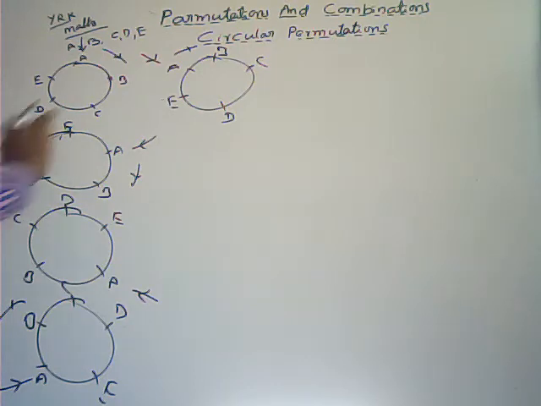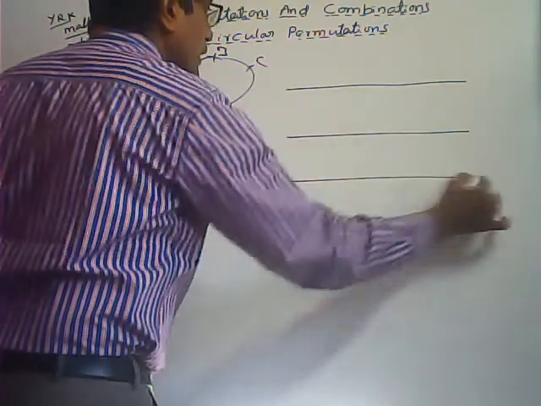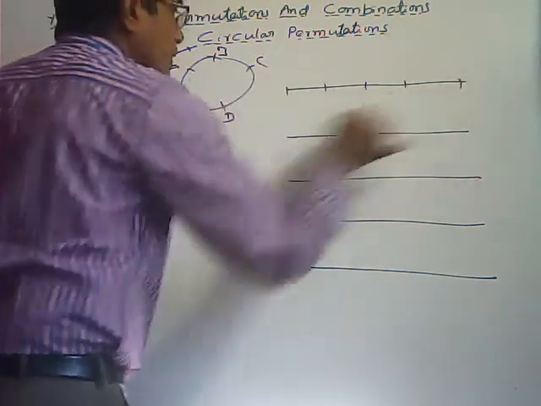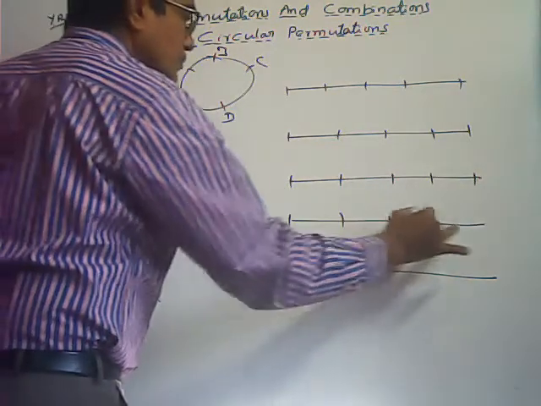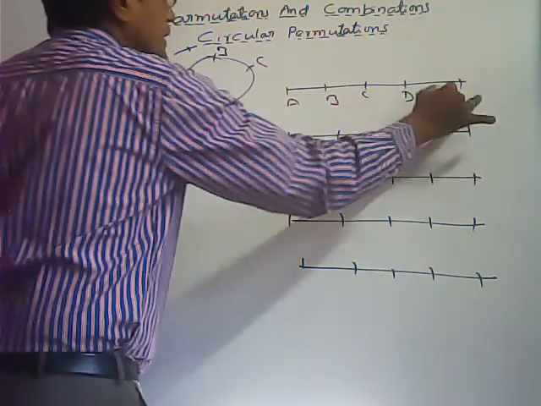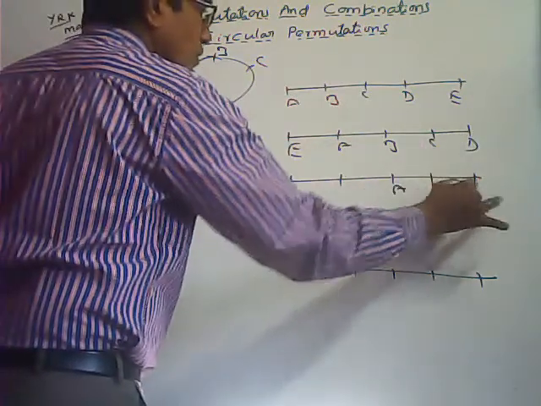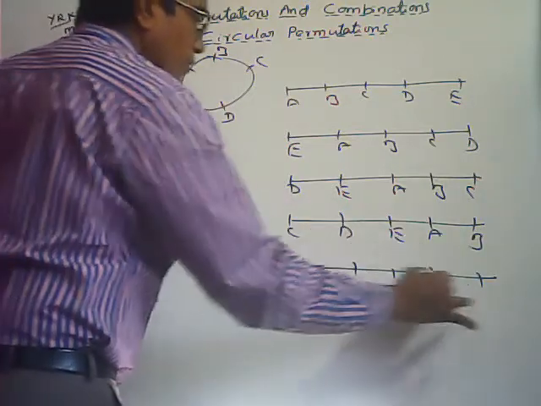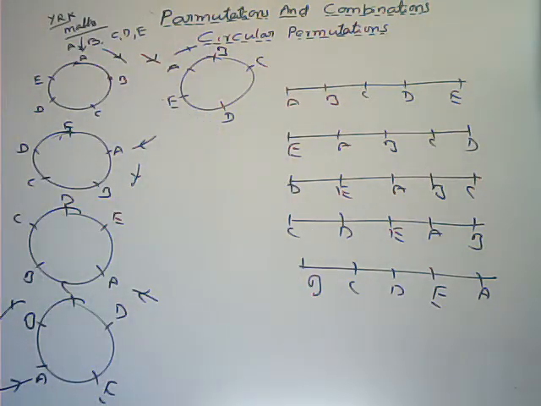But in the same way, if I arrange the 5 in a row, positions 1, 2, 3, 4, 5, with A, B, C, D, E, here it is simply shifting the places in the same order.